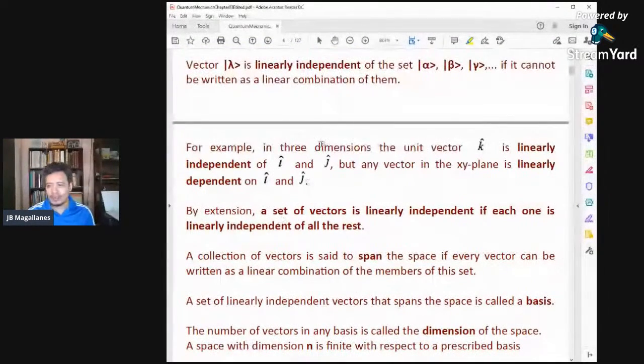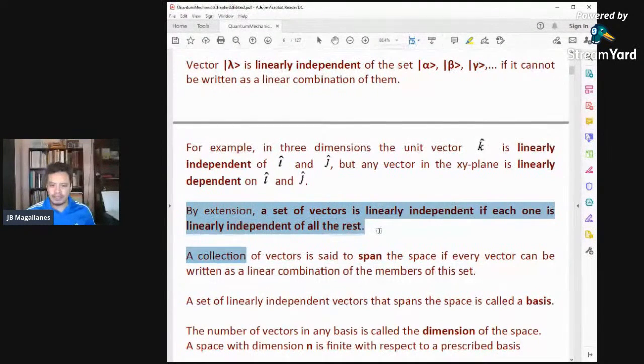So remember, if you have a vector that cannot be written in terms of other vectors, then it's linearly independent. So this is the statement here: a set of vectors is linearly independent if each one is linearly independent of all the rest.